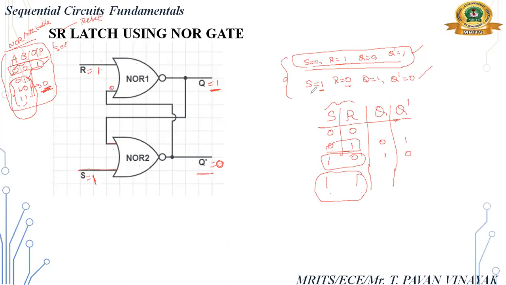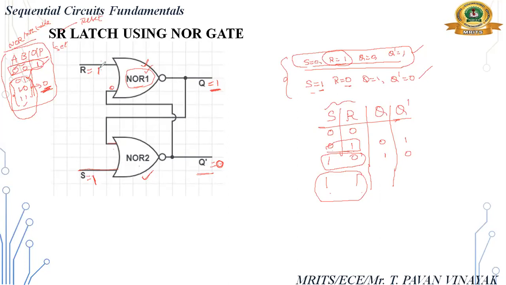Previously, when S is equal to 1, this NOR gate is activated. When R is equal to 1, this NOR gate is activated. When both are 1, which one will be activated? So first, I think this one is activated. First gate is activated. Okay.